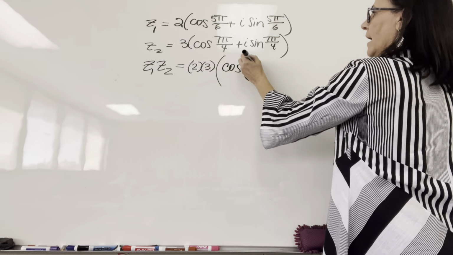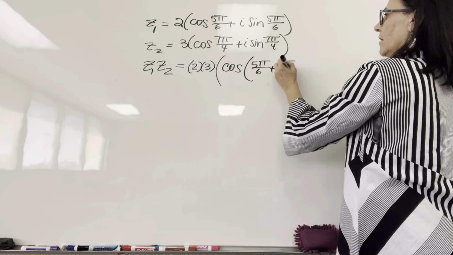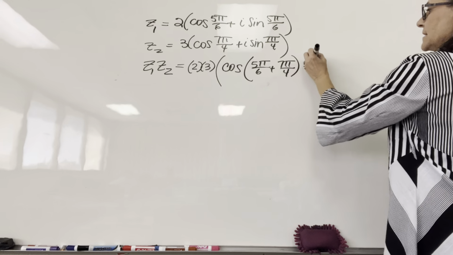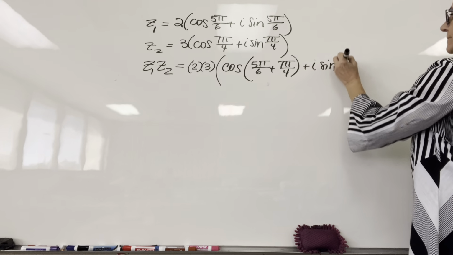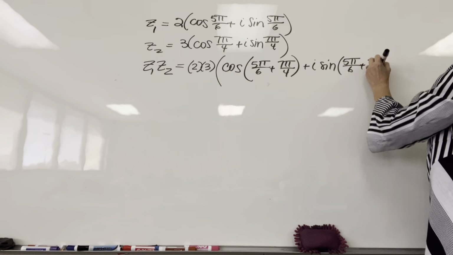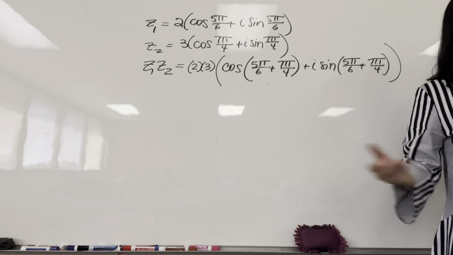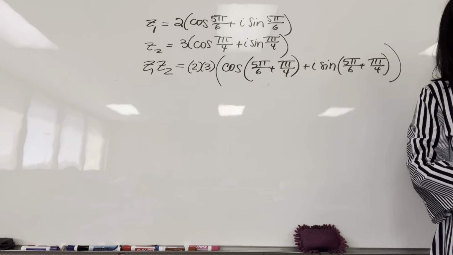So it is cosine 5 pi over 6 plus 7 pi over 4, plus I sine 5 pi over 6 plus 7 pi over 4. We just need a common denominator, which is 12.